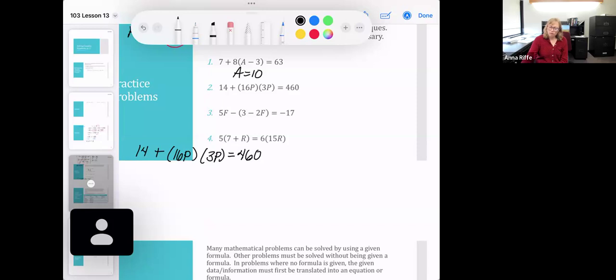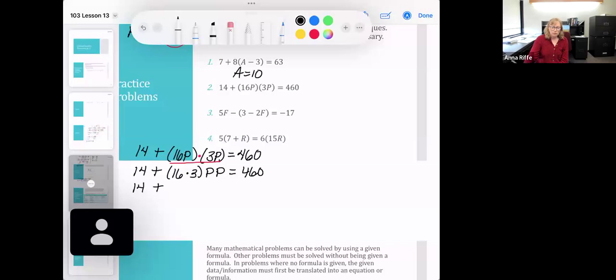I am going to start with the parentheses, just like the previous problem, and I'm going to begin by multiplying. If I have parentheses right next to each other, that indicates that these two are being multiplied. So I'm going to take 14 plus, we're going to multiply those constant terms and then multiply p times p. That's how you would deal with that one.